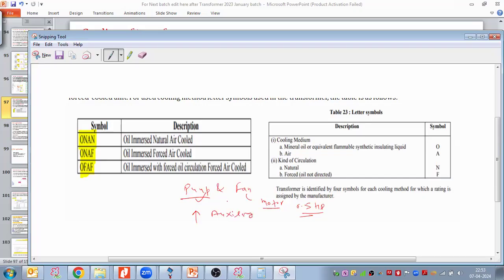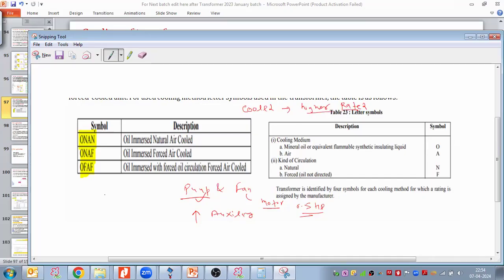And when we are doing forced cooling, the transformer is cooled, so what we get is a higher output, a higher rating, from the same transformer, right?